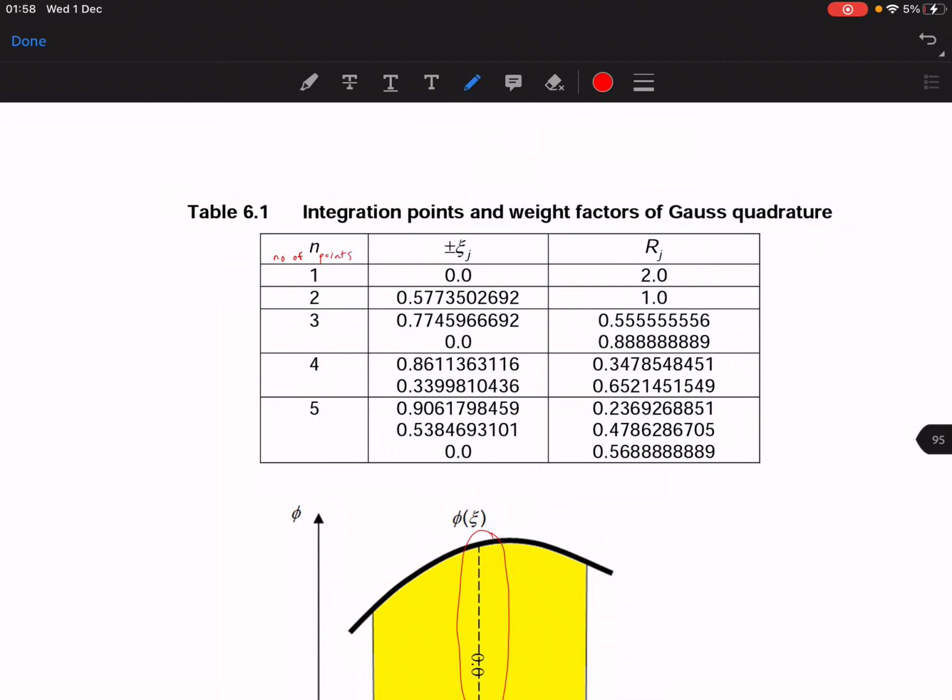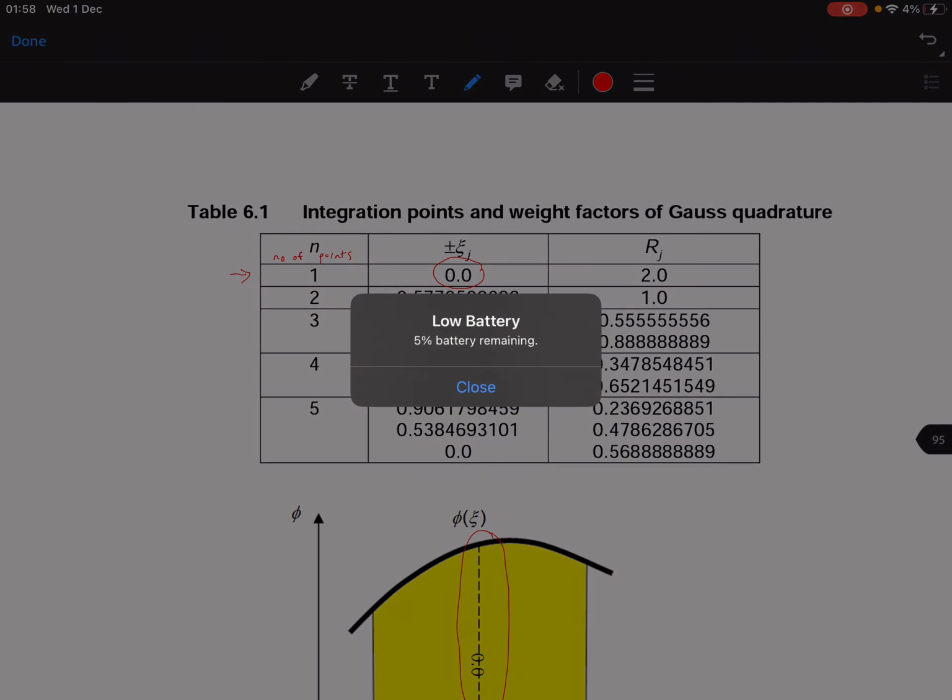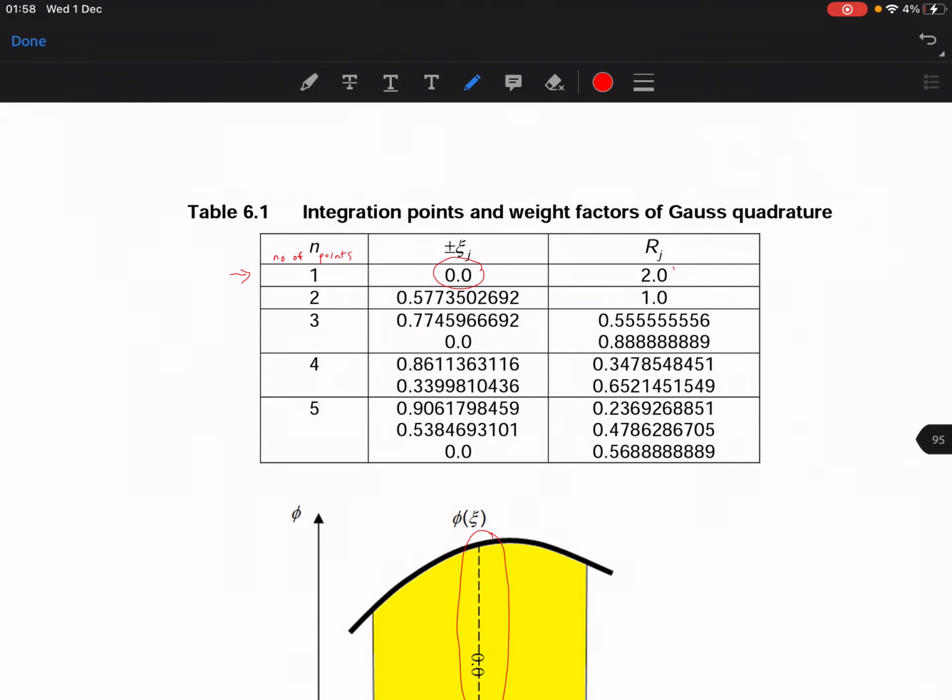If we are considering Gauss quadrature 1 point, the zeta would be 0, where the location corresponds to the center, and its corresponding R value is 2.0.